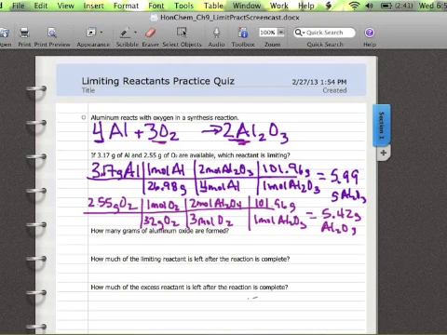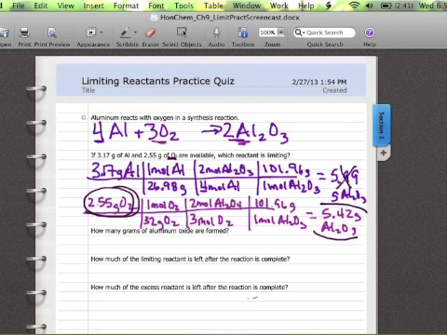What that tells me is if I start with my oxygen, it makes less product. So from all of that, I can determine that oxygen is my limiting reactant. Whatever I started with, so this one right here, oxygen is limiting because it made less product. Okay, so then I'm going to cross out this one.